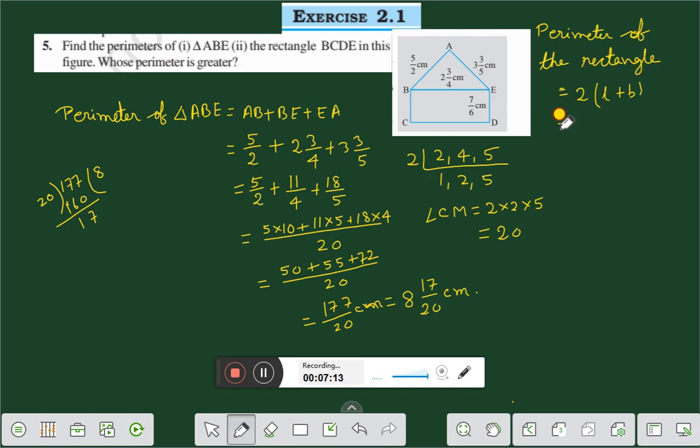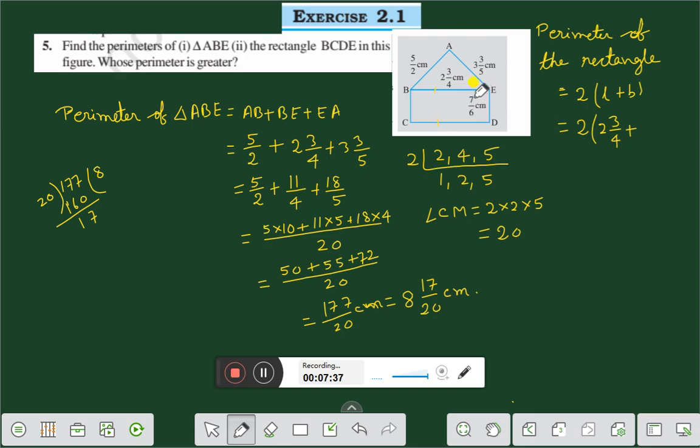Here you see the length of the rectangle is this one. This is the length, and this length is the same. Then we can find that this length is 2 whole 3 by 4. Then we can write 2 into length, 2 whole 3 by 4. And what is the breadth?